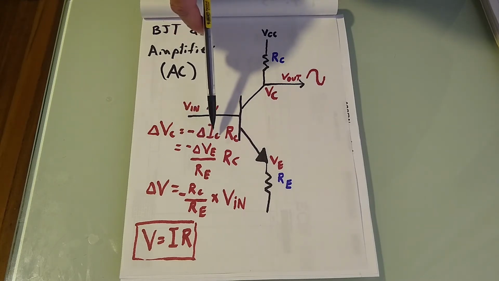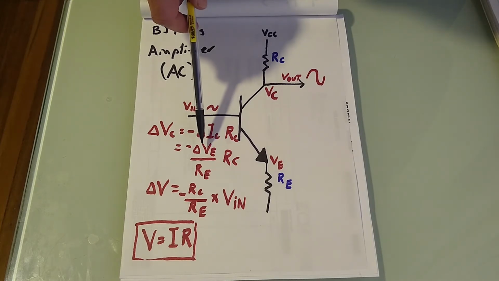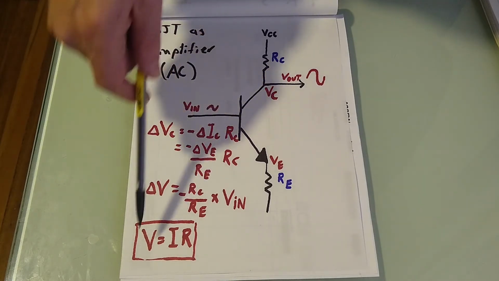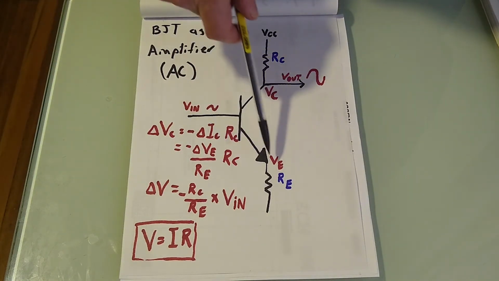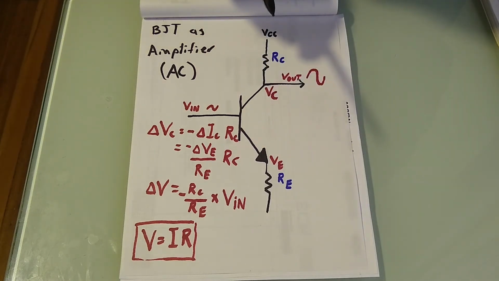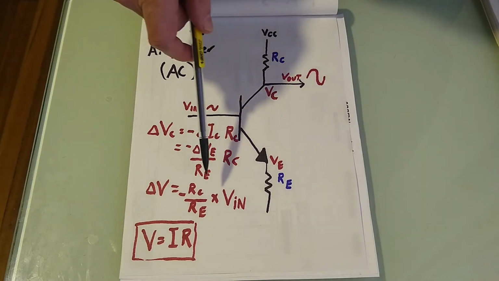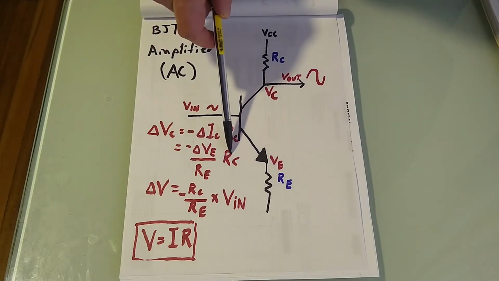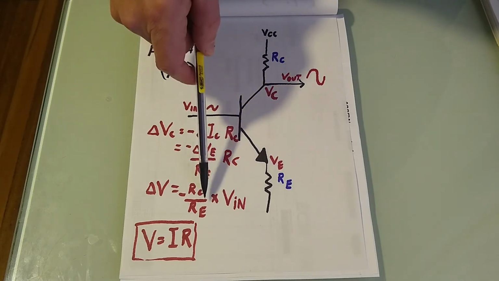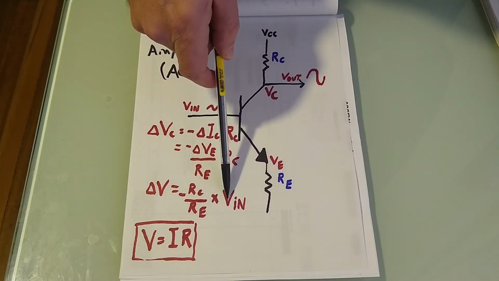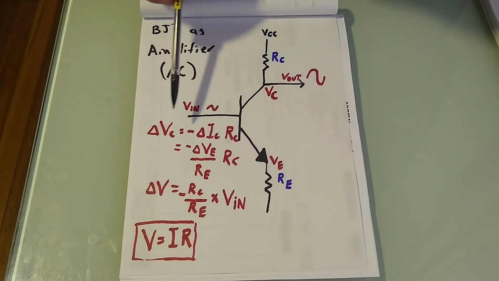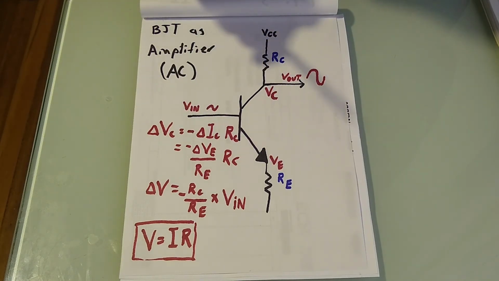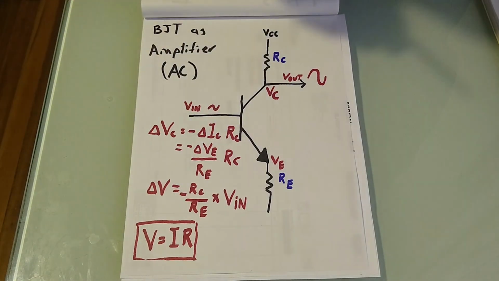So to rearrange it, we know that IC is equal to VE over RE due to Ohm's law and the fact that IC is also equal to IE. To rearrange it further, we switch RC and this delta VE, so we have RC over RE times voltage in, because our VE is equal to our Vin, to give us our gain.